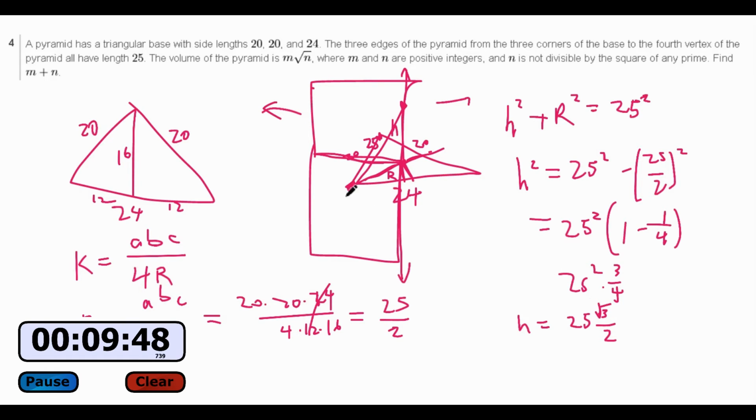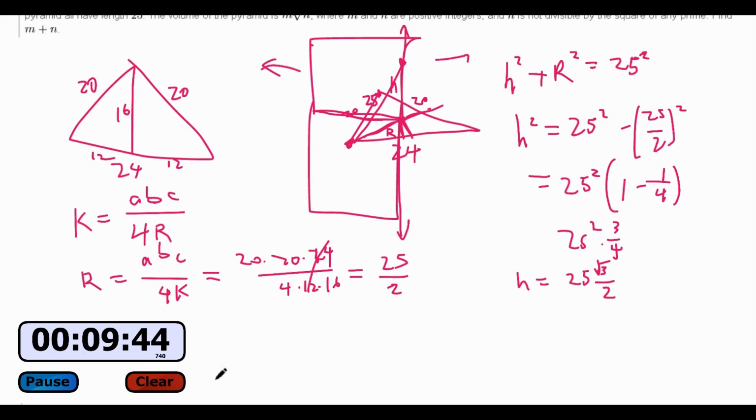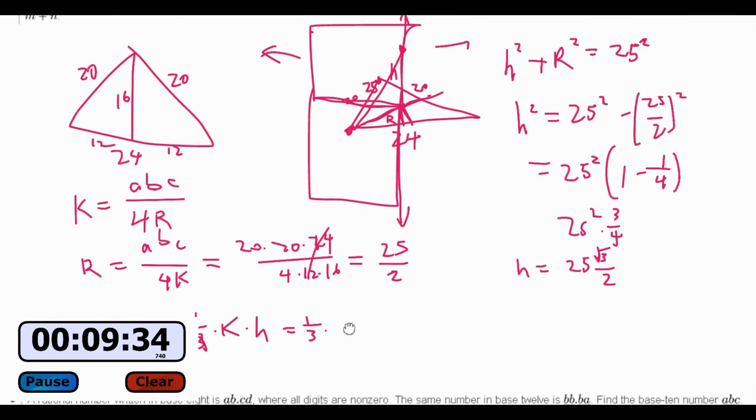Okay, so finally we're almost done here. In order to find the volume of the pyramid, we need to know that the volume of the pyramid is 1/3 times the area of the base, which is just K, times the height, h. The area is going to be abc over 4R. Well, okay, the area is 12 times 16, right?